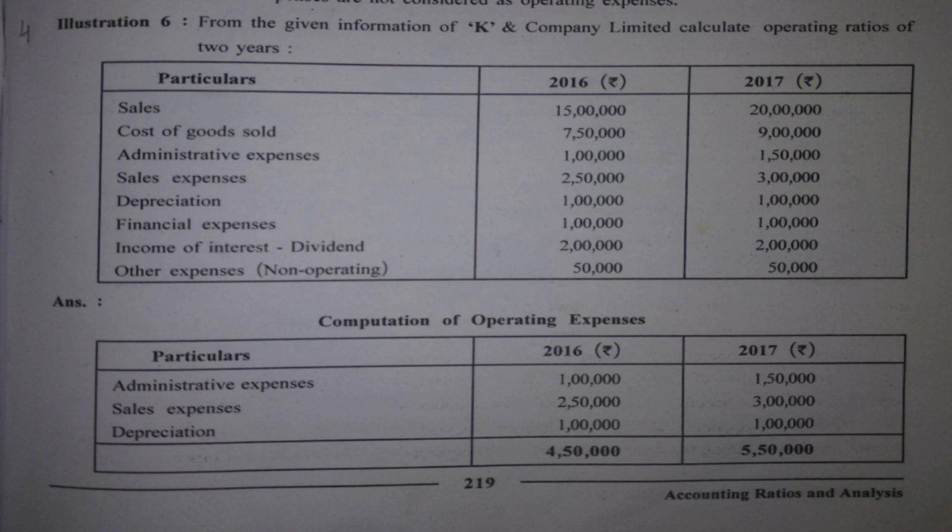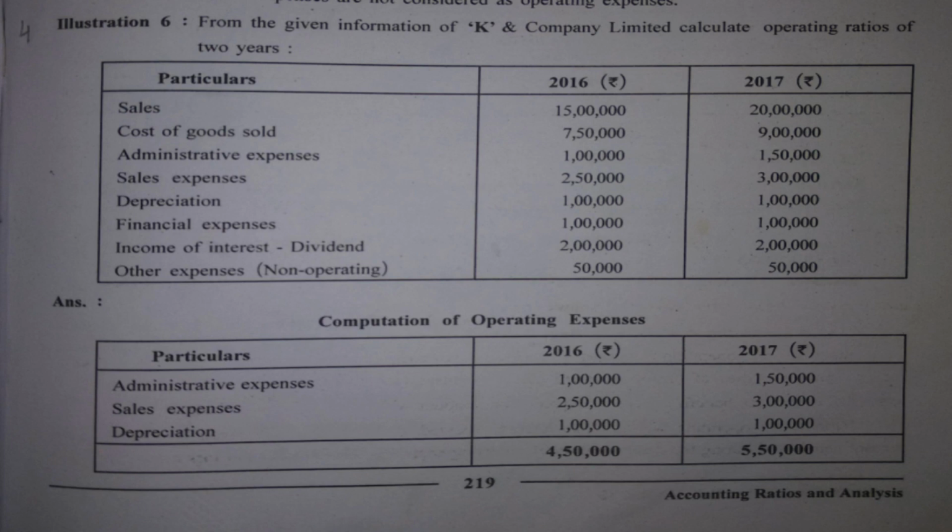The calculation of operating expenses is given in the table below the question. For 2016, administrative expense 1 lakh, sales expense 2,50,000, depreciation 1 lakh, and the total is 4,50,000.